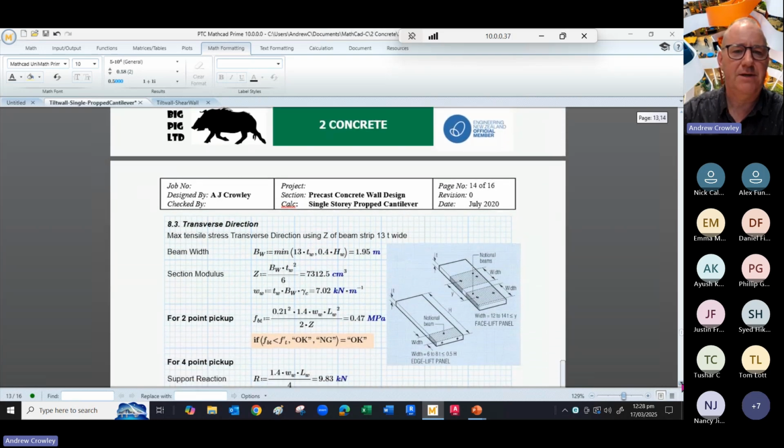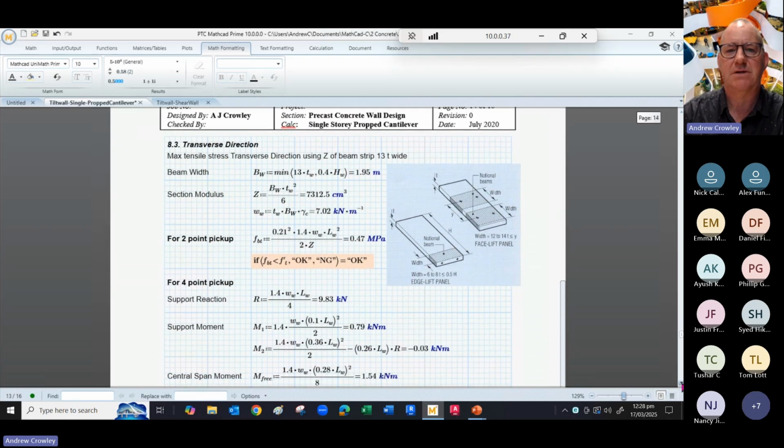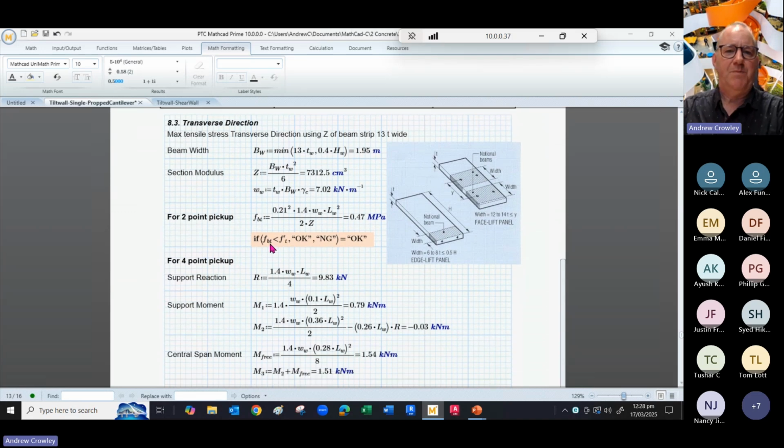Now, looking in the other direction, the transverse direction, we take a beam strip of your wall panel and we make the width of that beam strip 13 times the thickness, or 0.4 of the height, 40% of the height. So that's where you derive your beam width, and from that you get your section modulus.